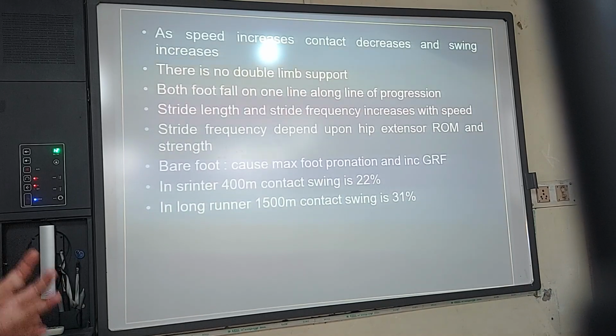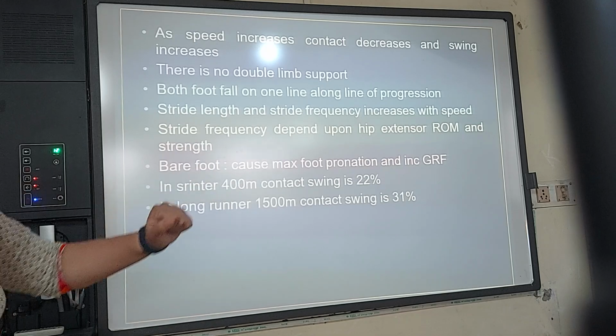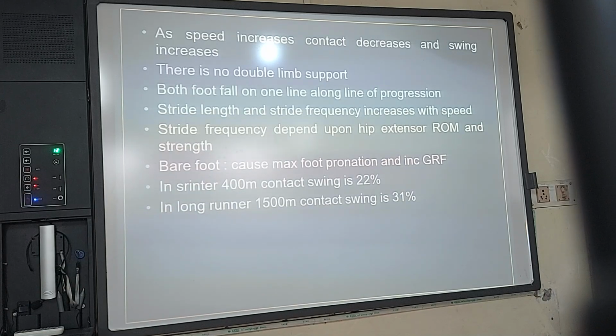If the person is running, you understand that the phase of swinging will be more as compared to the phase of standing. The contact support phase is only 22%, whereas 78% of it will go into the pure swinging phase. Only then is running possible.